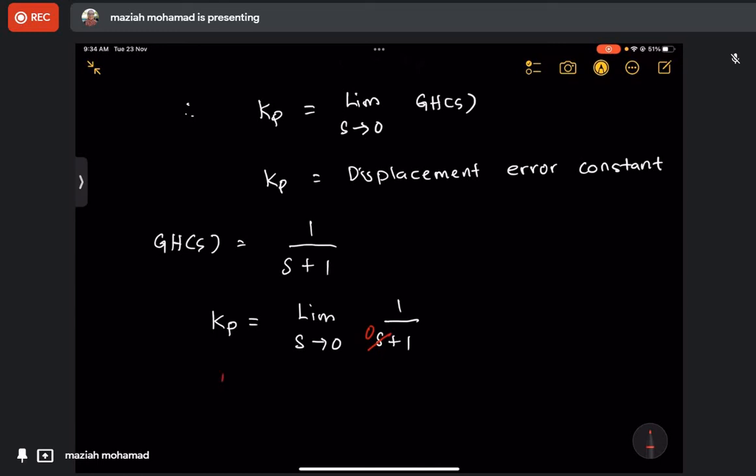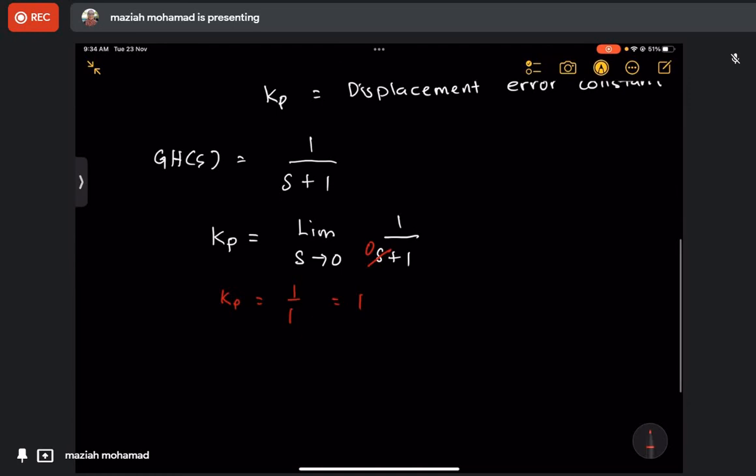Therefore Kp is equal to 1 over 1, so it is 1. Based on the open loop transfer function, we apply S goes to 0 onto all the S terms and get the value of Kp.